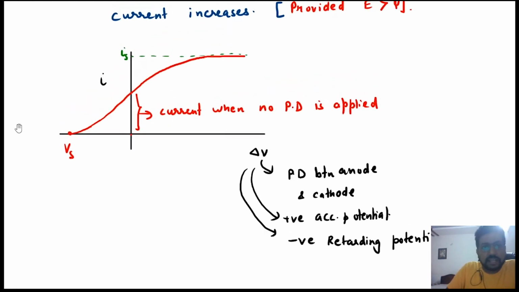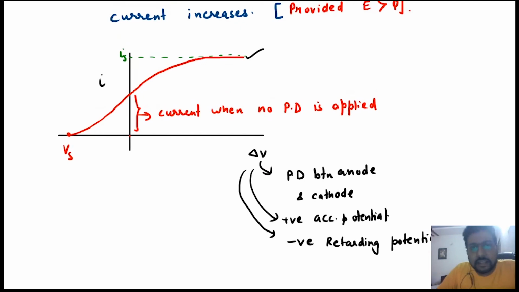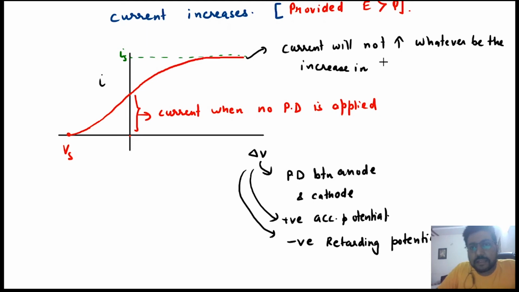So I'll write again here: now current will not increase, whatever be the increase in accelerating voltage, after coming to this point. This is a very, very important curve which shows that the current increases as you increase the potential difference, but at one point saturation is reached.